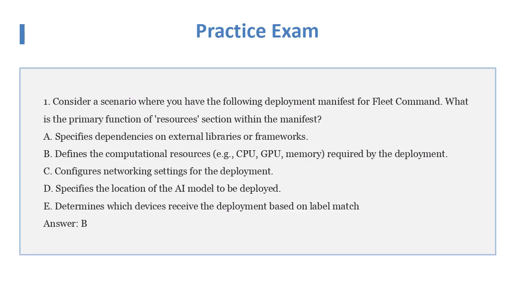B. Defines the computational resources, e.g., CPU, GPU, memory, required by the deployment. C. Configures networking settings for the deployment. D. Specifies the location of the AI model to be deployed. E. Determines which devices receive the deployment based on label match. Answer: B.